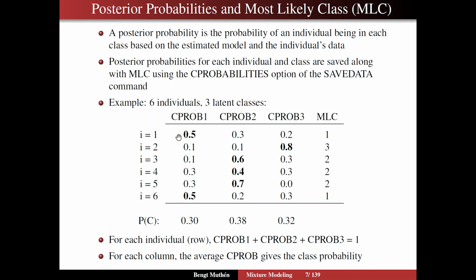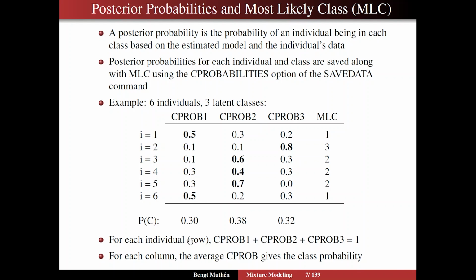For the first individual, the probability of being in class 1 is 0.5, versus 0.3 and 0.2 in the next two classes. So the most likely class is class 1, which is the highest one. For individual 2, you have a very high probability of being in class 3, and the probabilities for the other classes are lower. Here MLC is 3, and so on.